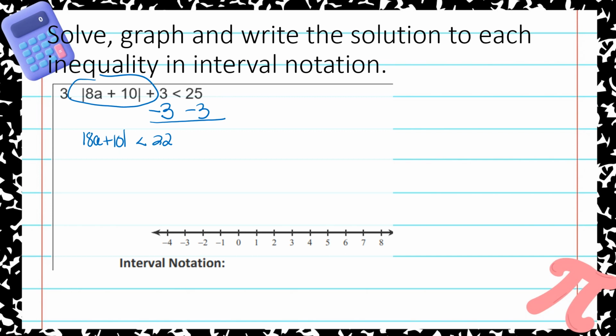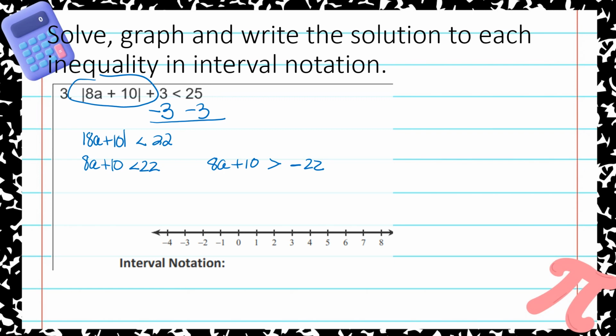Now I have the absolute value symbols by themselves, so I'm going to write my two inequalities: my original without the absolute value symbols, and the other one with that right side negated. And when I negate it, I flip my order symbol. So instead of less than, it becomes greater than.